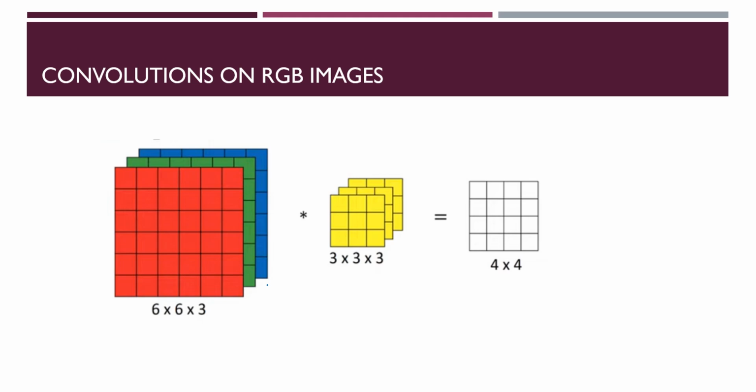Now once we have this set, the resultant, if you see here, is a 4 by 4 output that we get. So when we apply one convolution filter over this image, the result is 4 by 4. So how do we arrive at this 4 by 4 image?